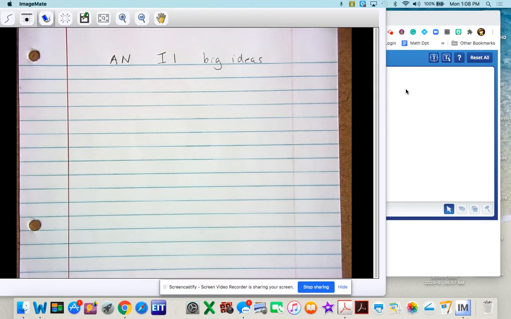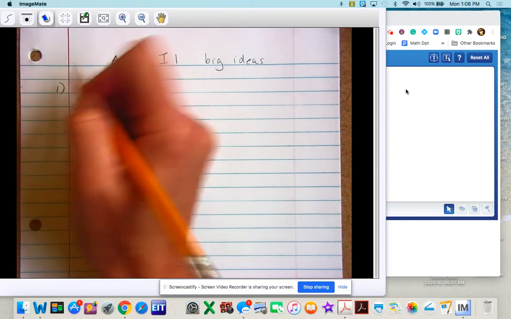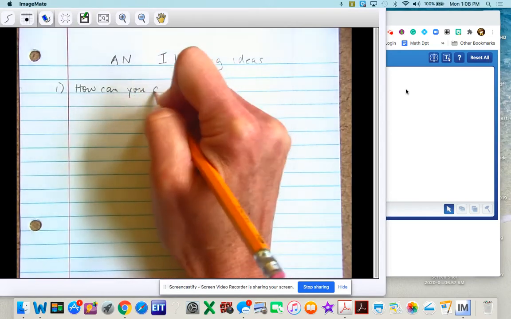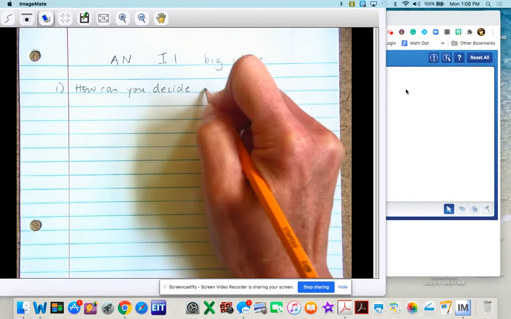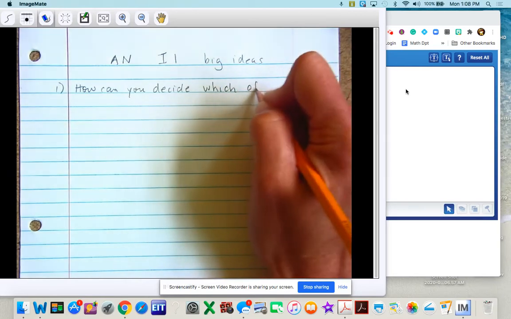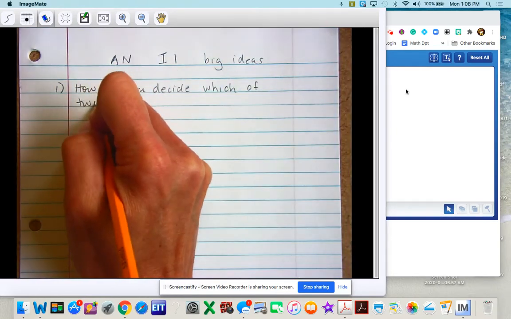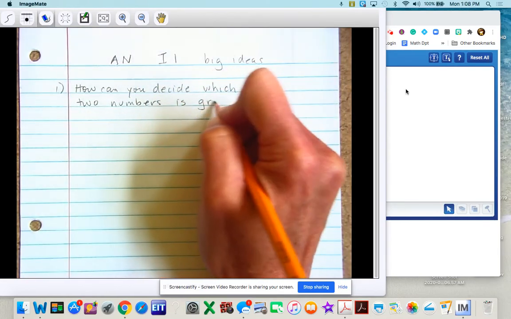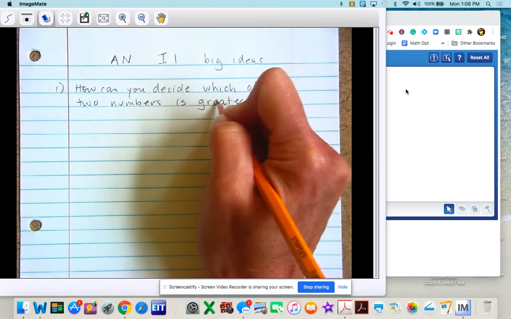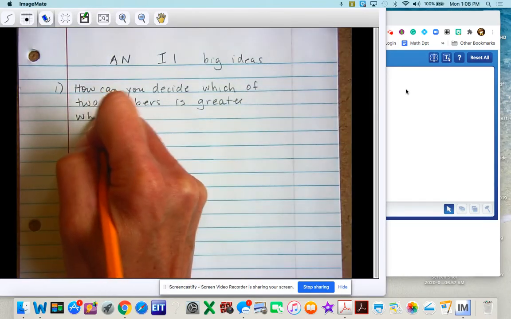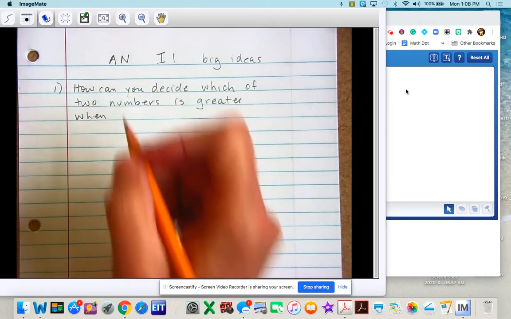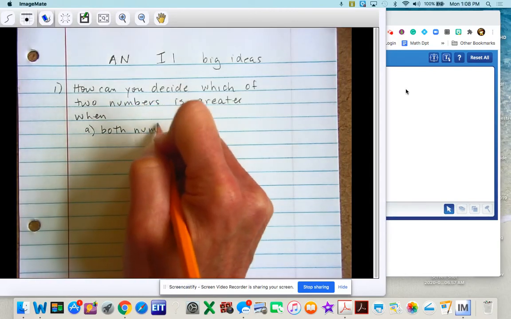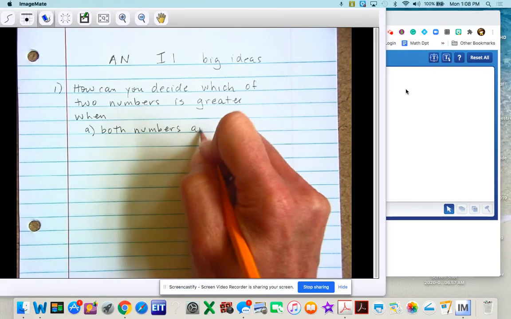Okay, here we go. So first big idea was how can you decide which of two numbers is greater when, first scenario, both numbers are positive.